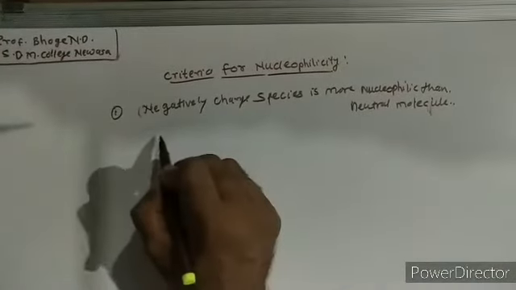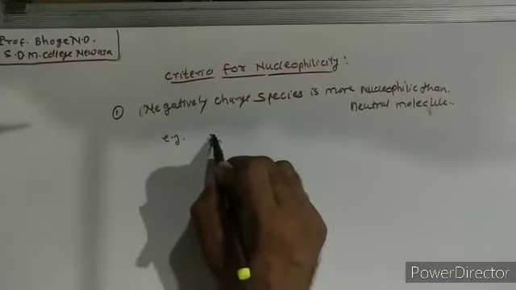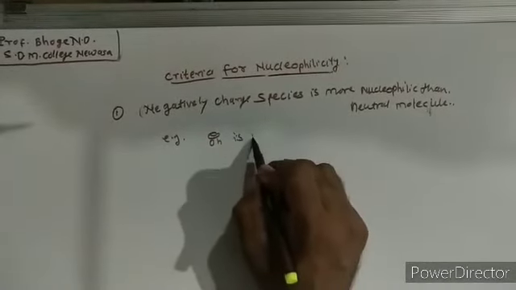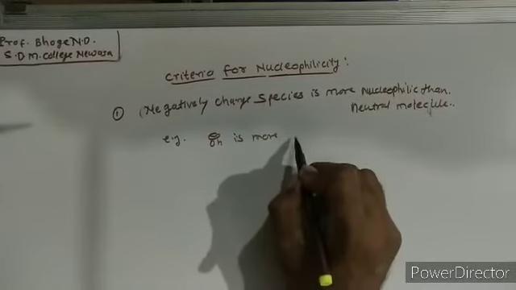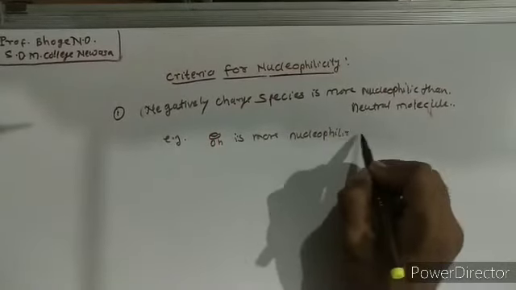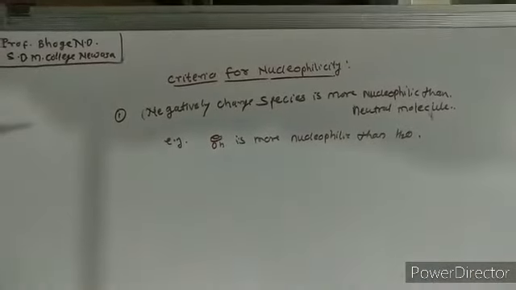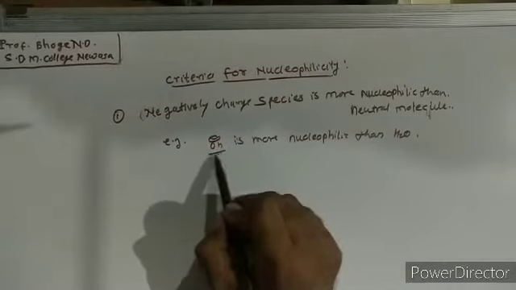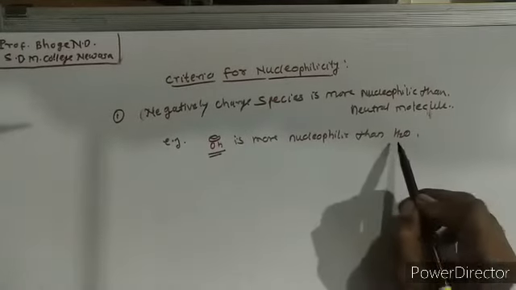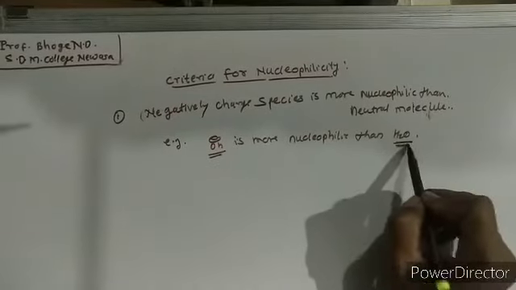For example, OH minus is more nucleophilic than H2O. So this is a negatively charged species and this is a neutral molecule, respectively.